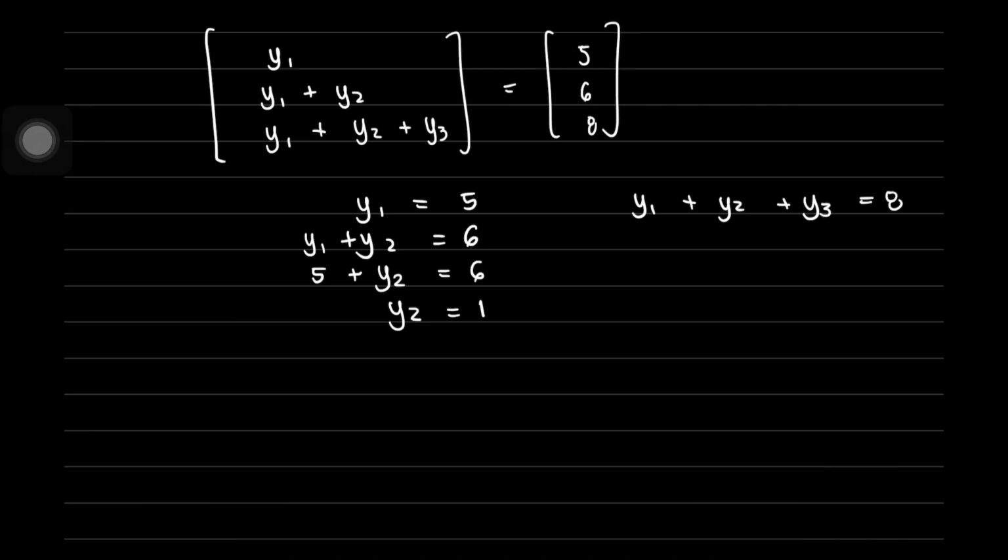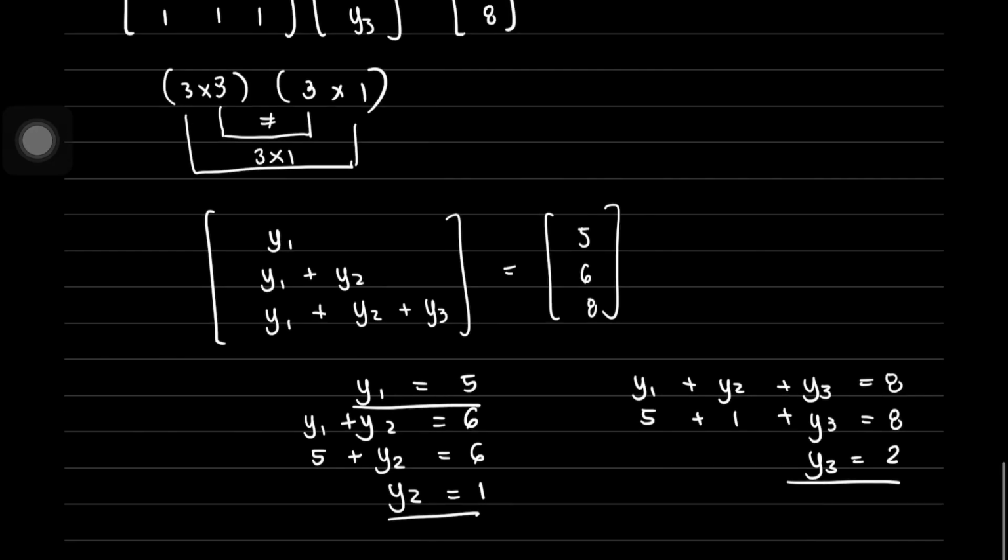So y1 was solved to be 5, and y2 is equal to 1, so 5 plus 1 is equal to 6, and if we transpose it to the right side, we have y3 equals 2. So these are the values of y1, y2, and y3.